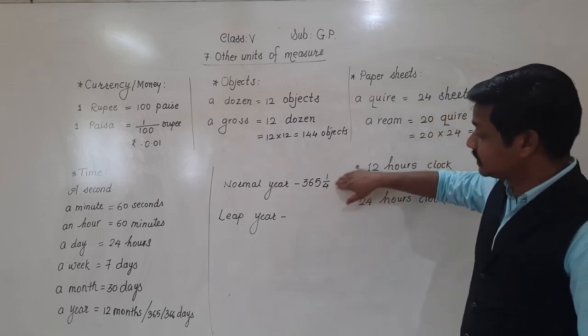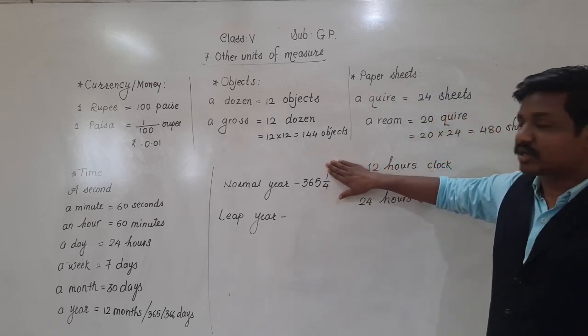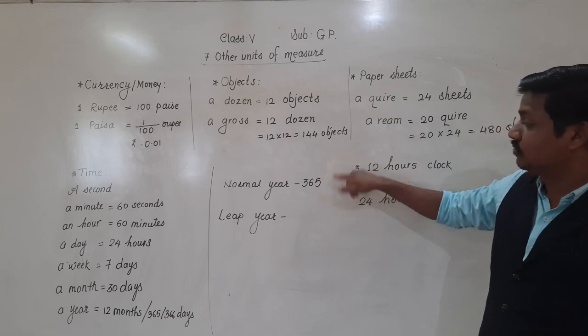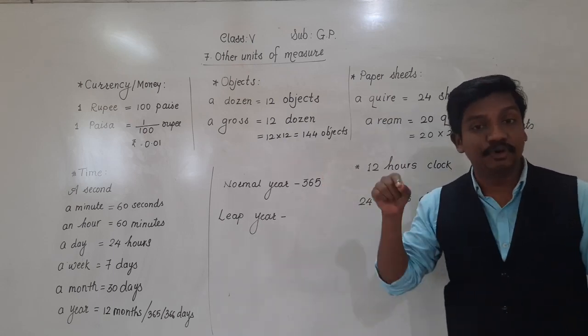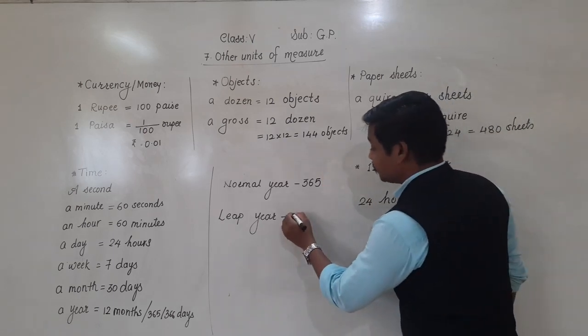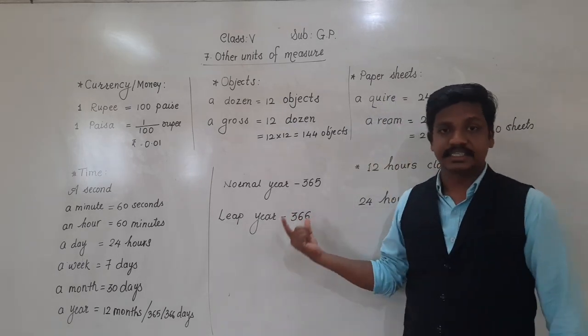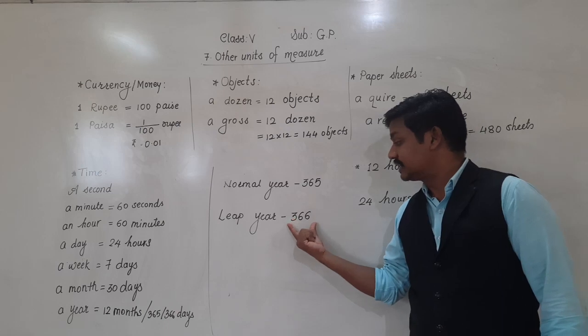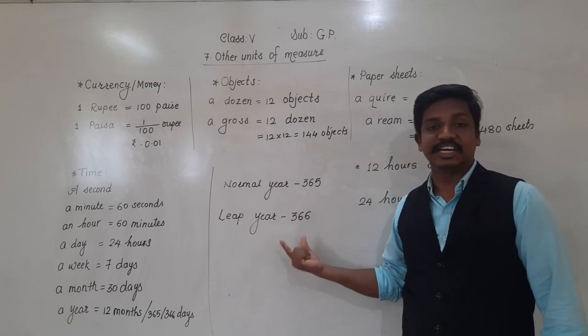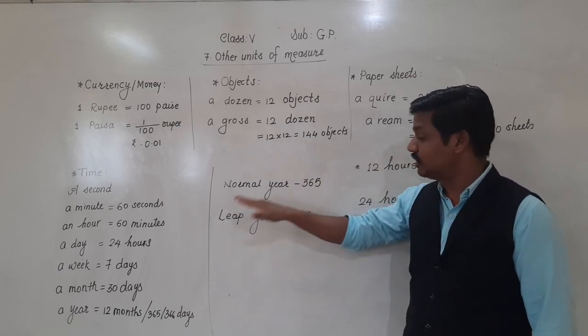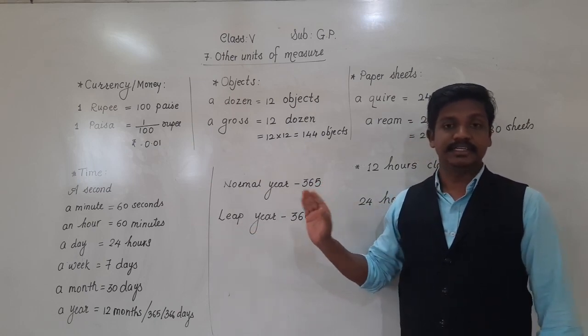This 1/4 is not convenient to count every year. So this 1/4 is counted in every 4th year, and that's why every 4th year has 366 days. Every 4th year which has 366 days is called a leap year.